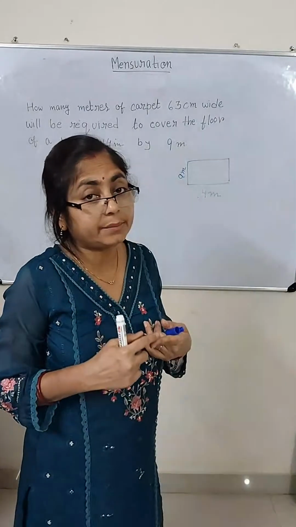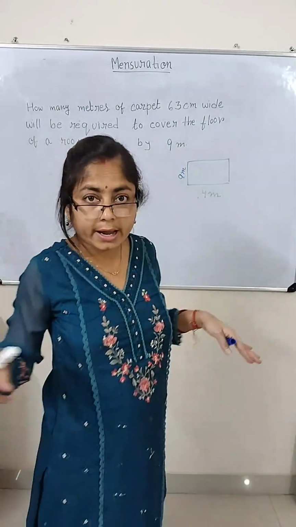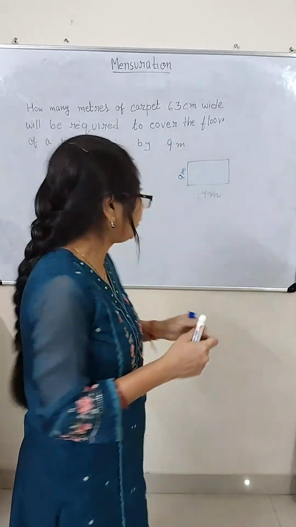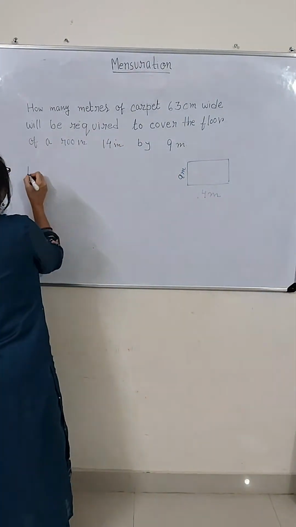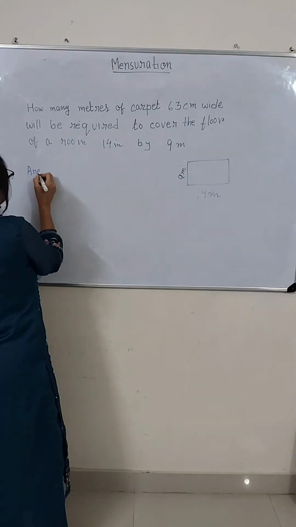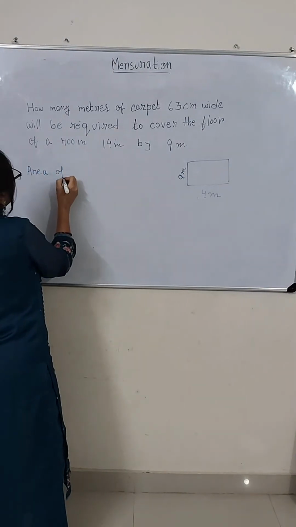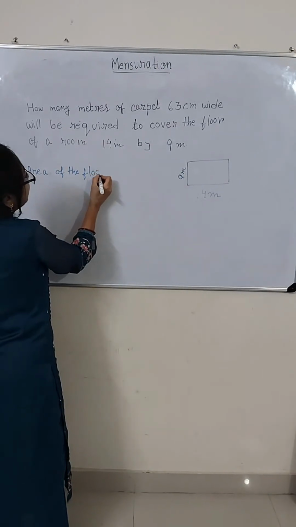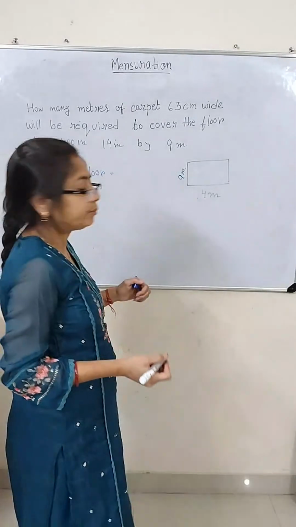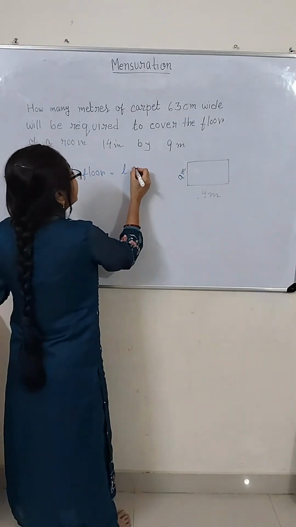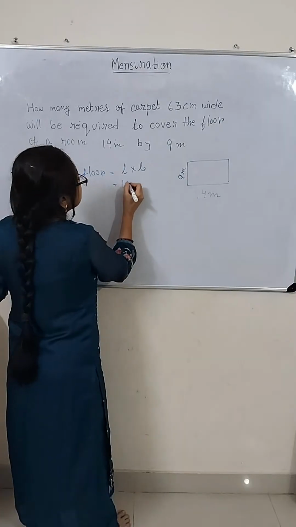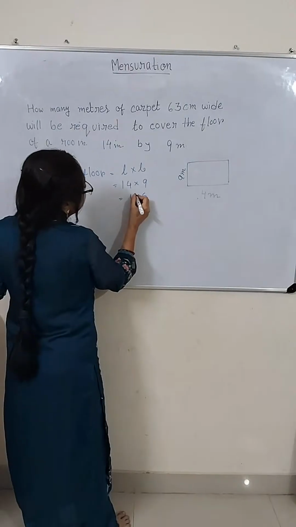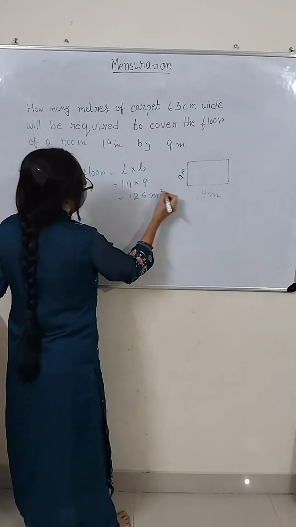So first, what am I doing? First you find out the area of the floor. How can it be done? The formula is L into B, which means 14 into 9. 126 meters square.